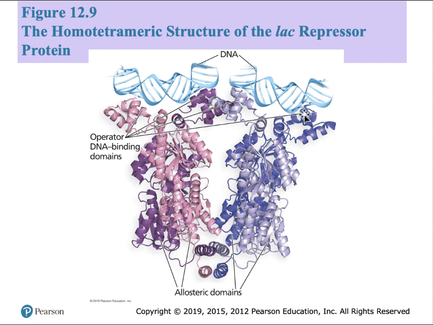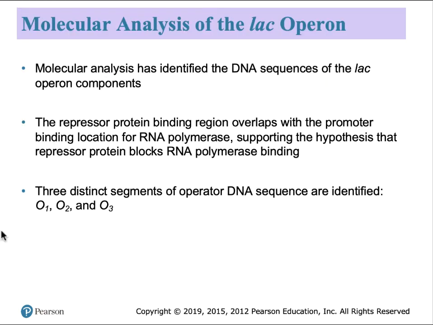The association of the lactose repressor protein with the operator DNA has now been deduced. So this side of the protein is where the allolactose binds. So these are the allosteric domains on the four polypeptides. And then we have the DNA binding domains here, and they fit the DNA at each one of those three O sites, O1, O2, and O3.